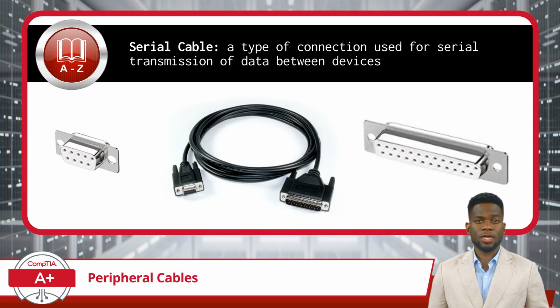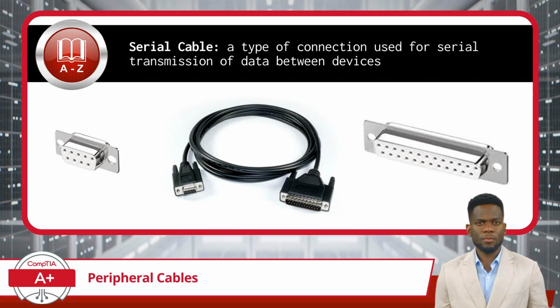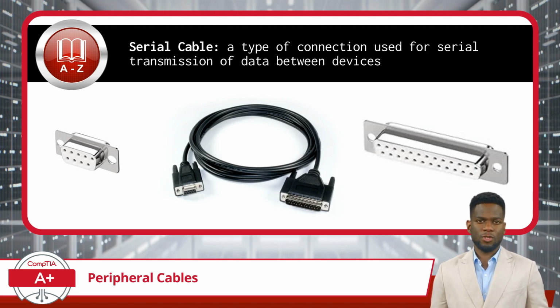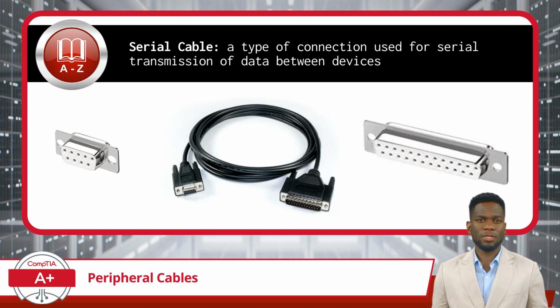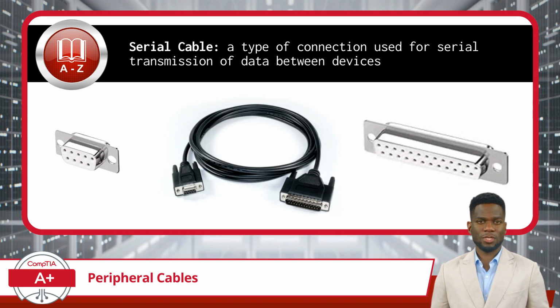Transitioning from USB cables, another type of peripheral cable is the serial cable. A serial cable is a type of connection used for serial transmission of data between devices. Although less common in contemporary computing environments, it maintains relevance for specific applications where its unique characteristics are advantageous.